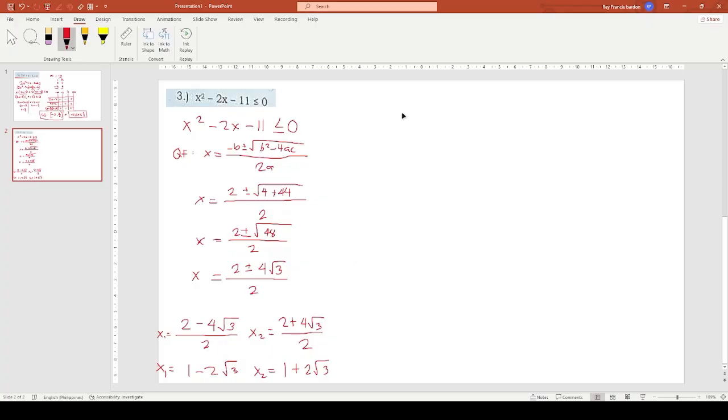Alright. I guess the best thing to do is approximate values of x sub 1 and x sub 2. For x sub 1, it is 1 minus 2 square root of 3.